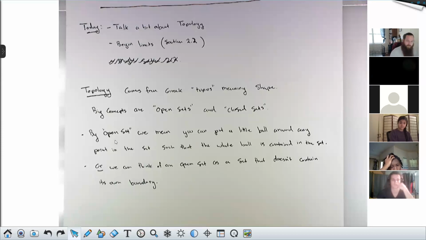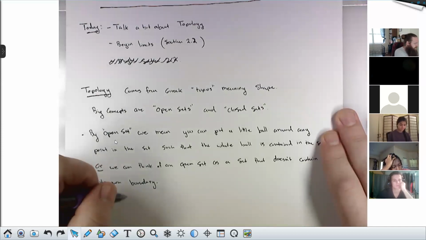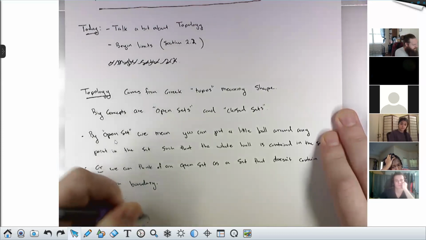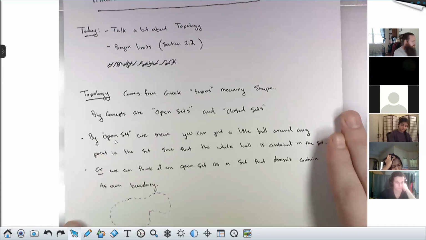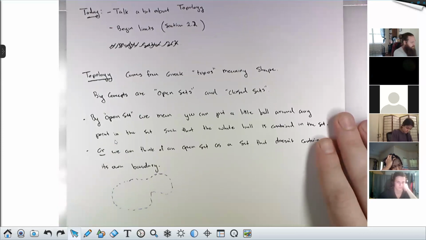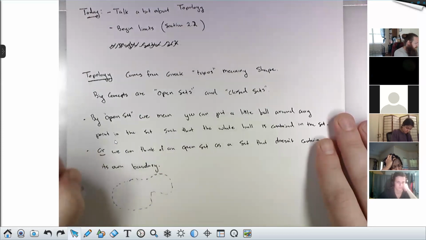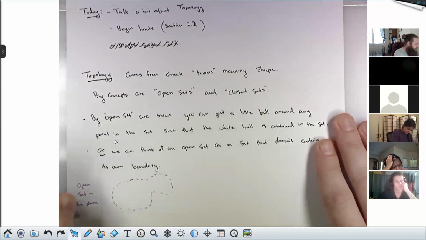So let me show you an example of an open set. In the plane, if I just take the interior of this blob, that is an open set. The dotted stuff is not included.